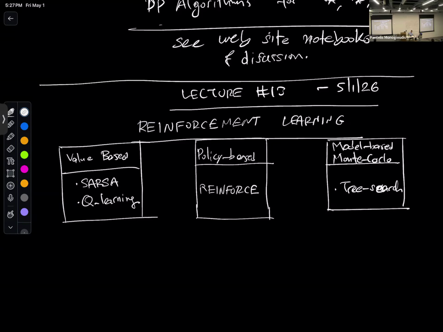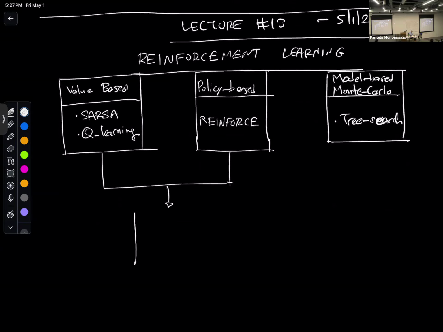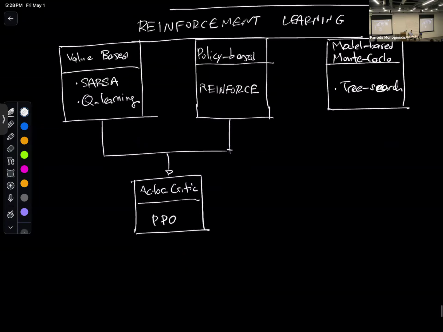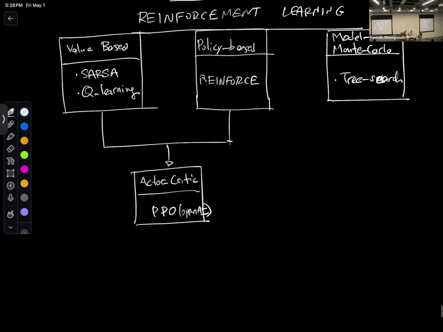What you're hearing in the news are hybrid algorithms which borrow ideas from both policy and value methods to create algorithms such as PPO, from OpenAI, and, to some degree, some approximation of that, mostly policy-based, I would say, is the so-called GRPO.